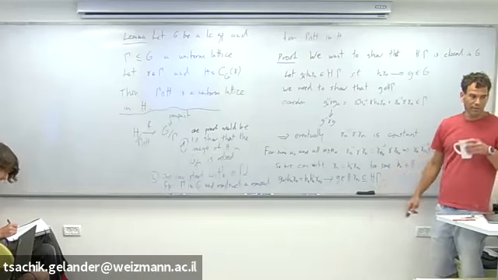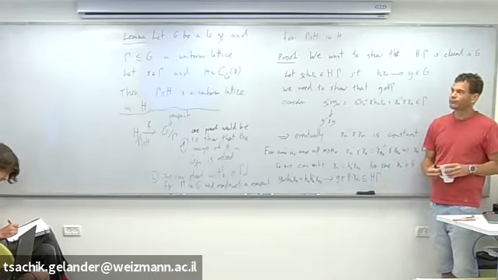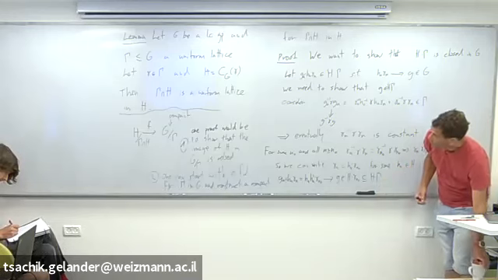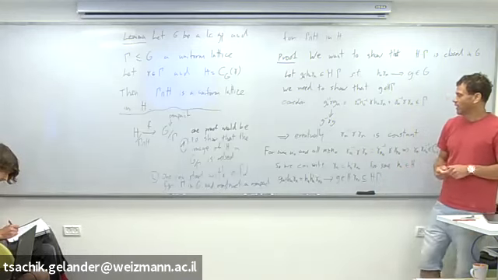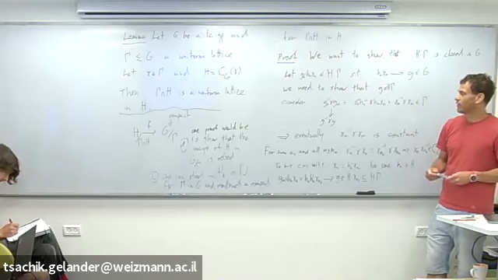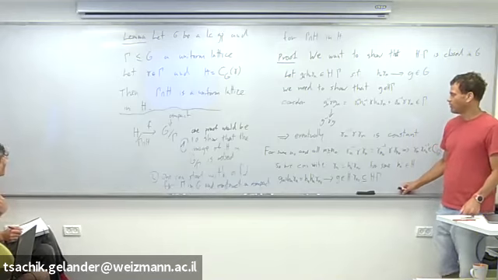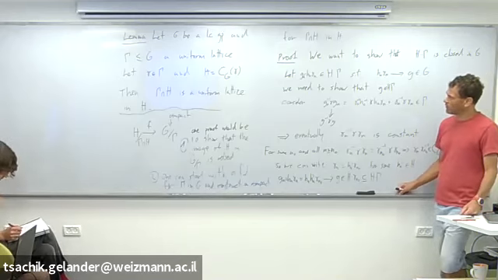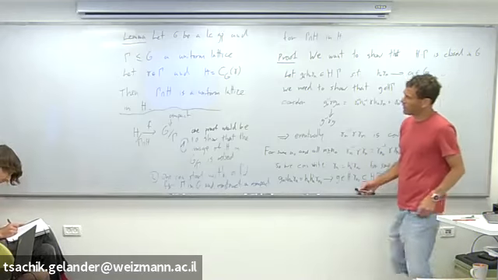So you didn't use the fact that gamma is uniform to show that H gamma is closed? I didn't use the fact that gamma is uniform. You're right. It's a good consequence. Yeah, it's a corollary of this statement that whenever gamma is a discrete group, I only use the fact that gamma is discrete.